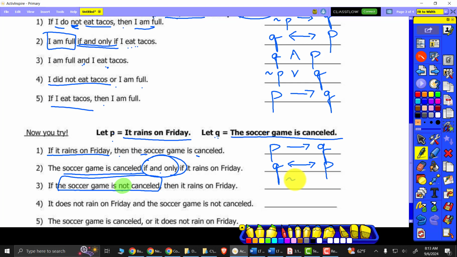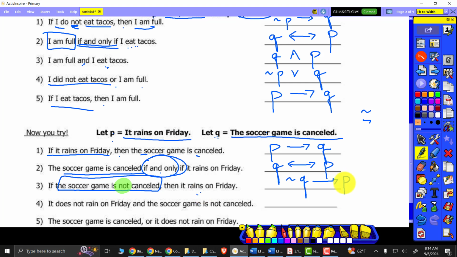Not Q. Sometimes they use the symbol not, sometimes this one. So if you see this notation, that is actually also your not. All right. Not Q, which is if the soccer game is not canceled, then is this symbol. It rains on Friday, which is your letter P.